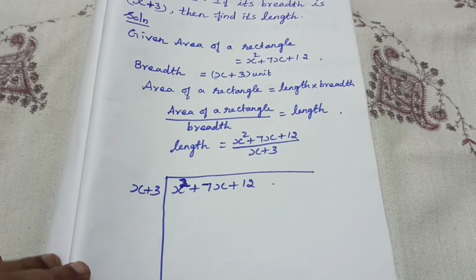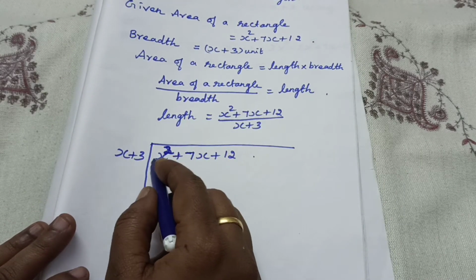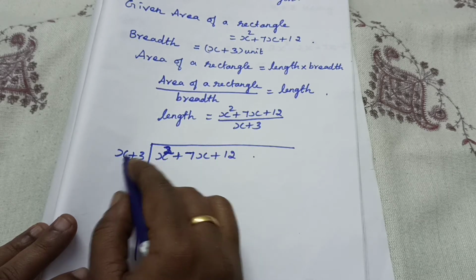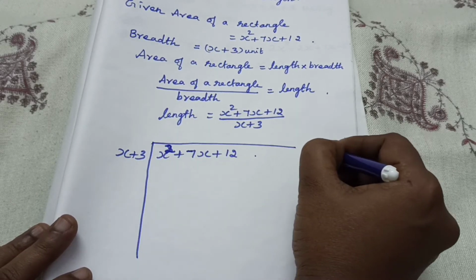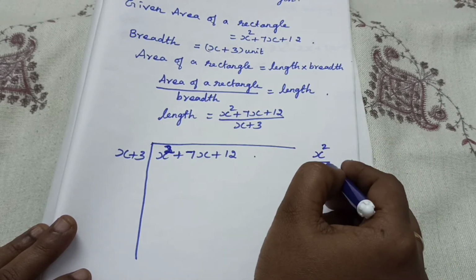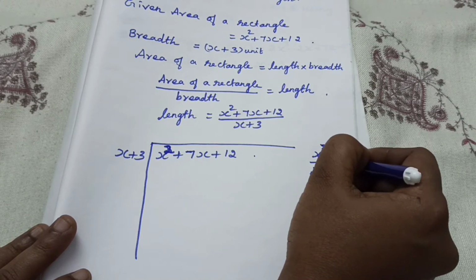Then how can we find this? Here the first term of the dividend is x square, here the first term is x. Shall we divide x square by x? We cancel this one x, and from here also one x cancels. Then remaining x is there.